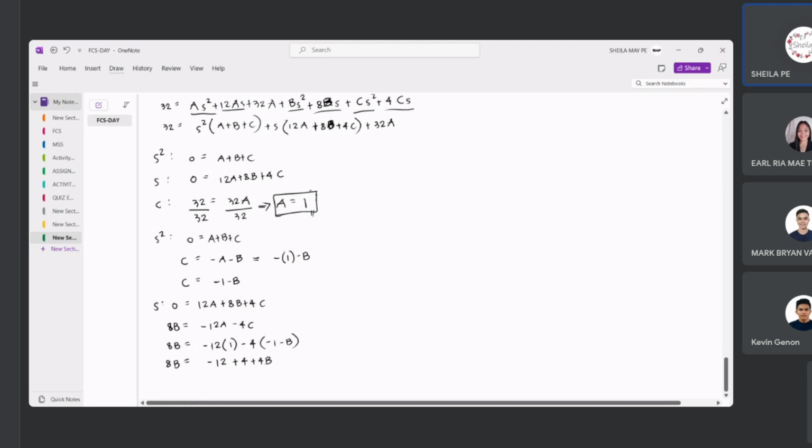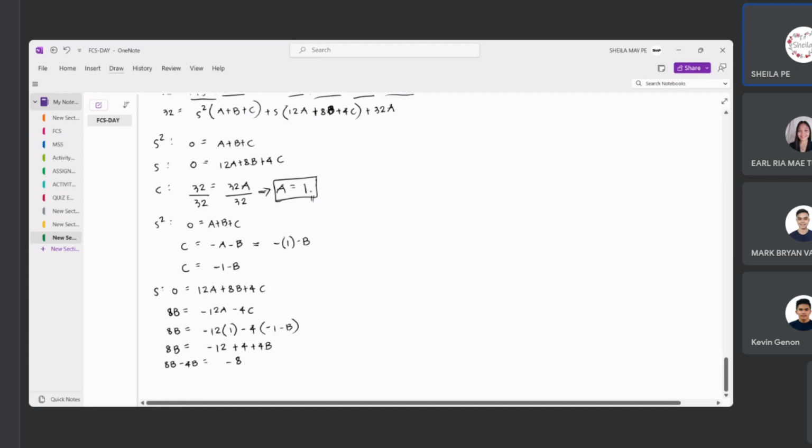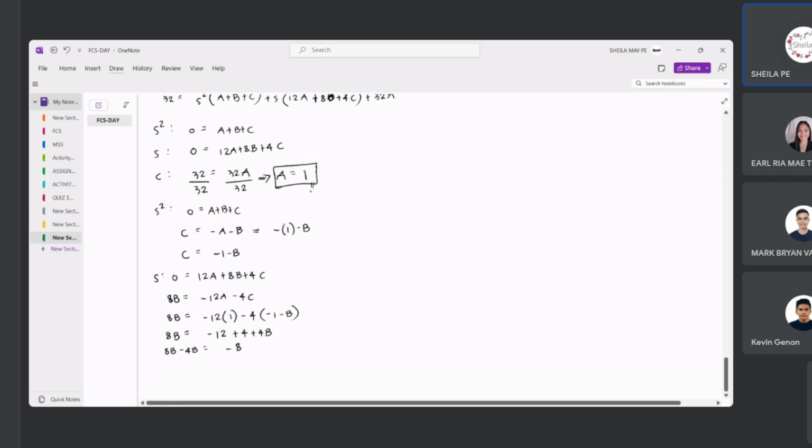We have B here, so 8B minus 4B equals negative 12 plus 4, that's negative 8. 8B minus 4B, that's 4B, equal to negative 8. Divide both sides by 4, so we can have B equal to negative 2.